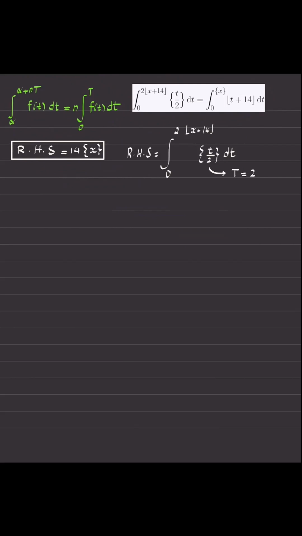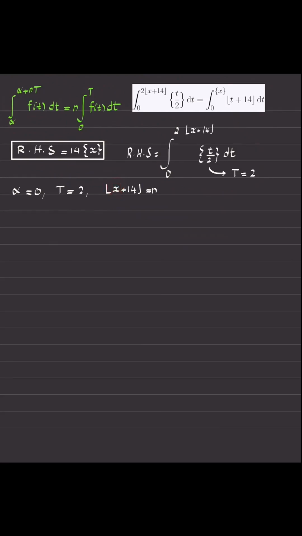So what I want to do is compare this integral with this integral. Here I want to write alpha to be 0, and of course the period is 2, and I want to call the floor of x plus 14 to be n. I can do that because x is a real number.